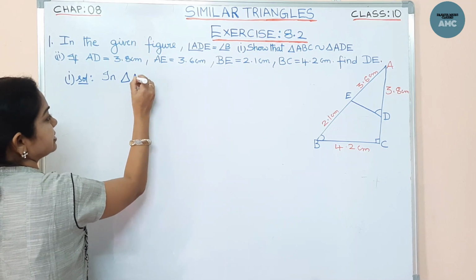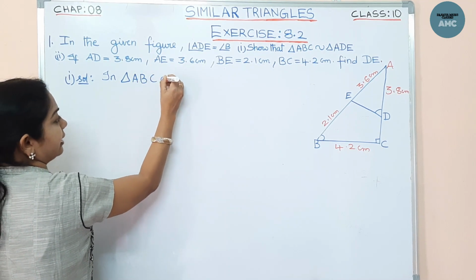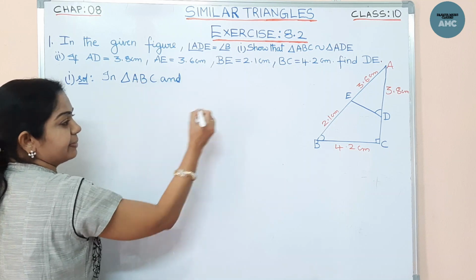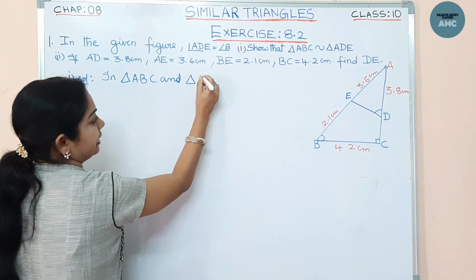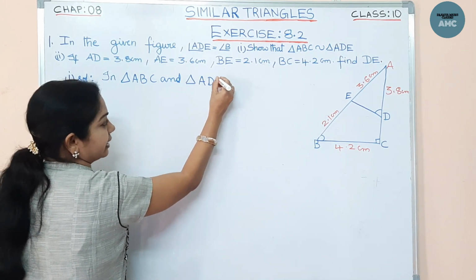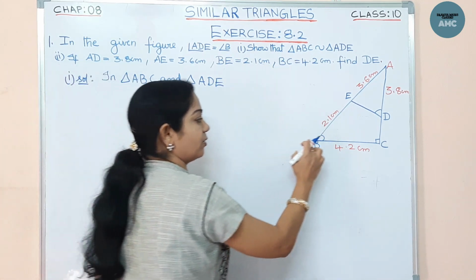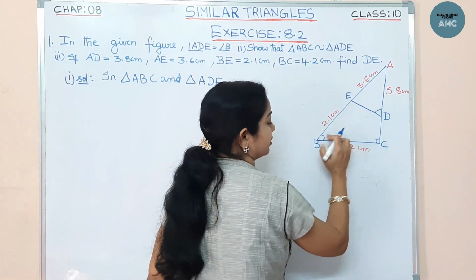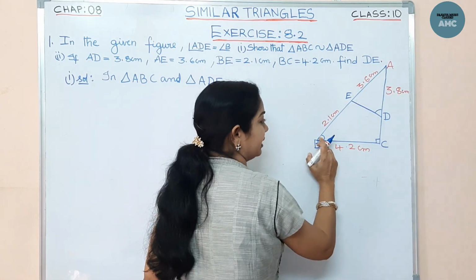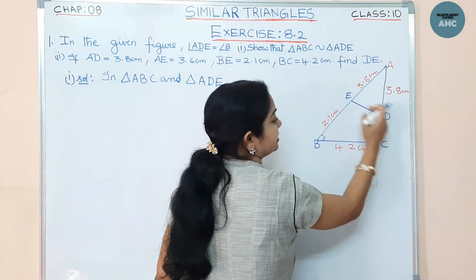Now, if you see clearly, triangle ABC is the bigger one, and triangle ADE is the smaller triangle. Now what is common here? We will see. Already given, this angle is the same: for the bigger triangle angle B and for the smaller one angle ADE.